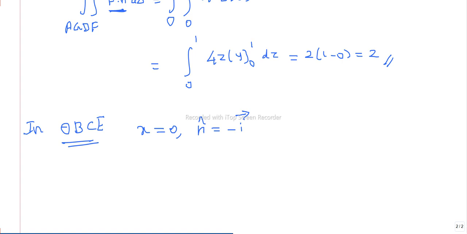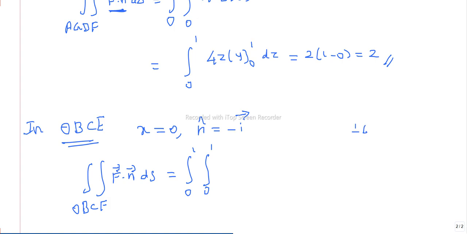Now the integral becomes the double integral over this face OBEC of F dot n vector dS. Again, only y and z are varying. The y range is 0 to 1, the z range is also 0 to 1. If you dot with this n vector, previously we got 4xz, but if you take the dot product with the minus, you get minus 4xz, but x is 0 here.